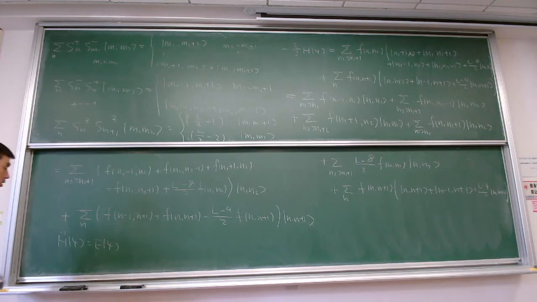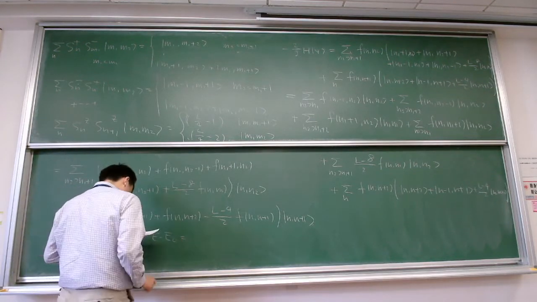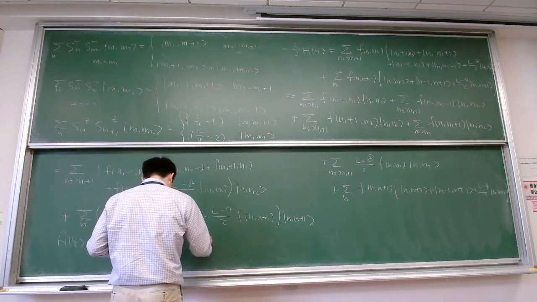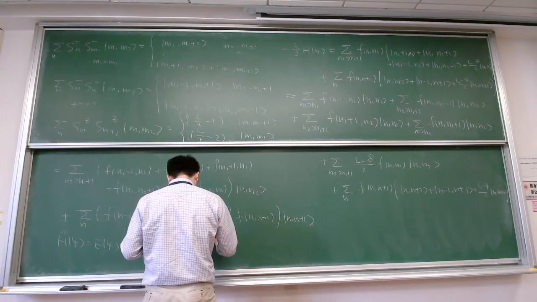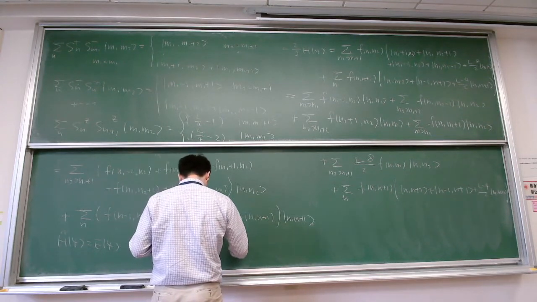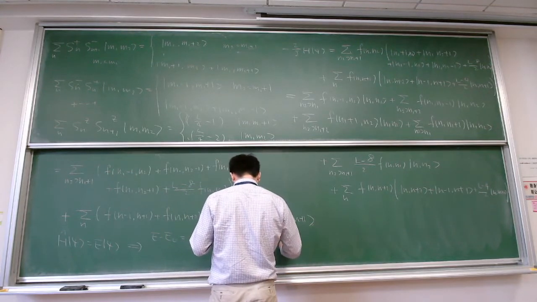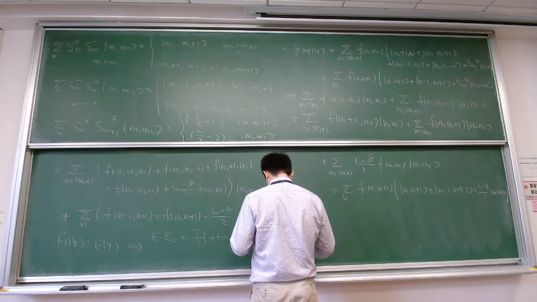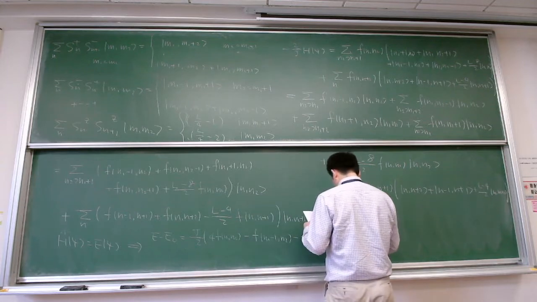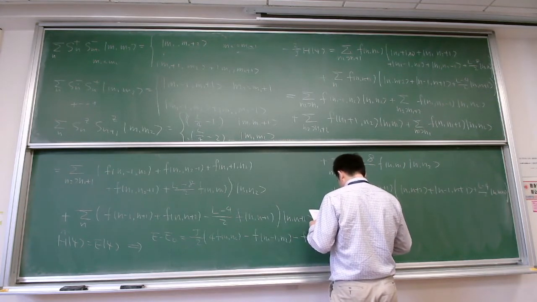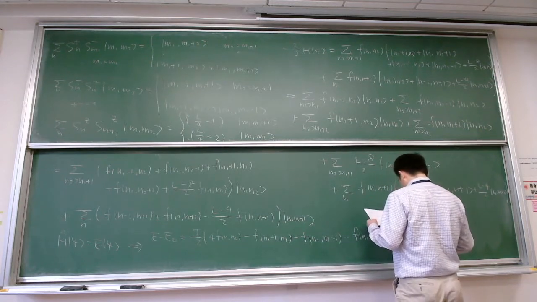So from here, you will get the condition that E minus E0 is equal to J over 2 for f n1 and 2 minus f n1 minus 1 and 2 minus f n1 and 2 minus 1 minus f n1 plus 1 and 2 minus f n1 and 2 plus 1.